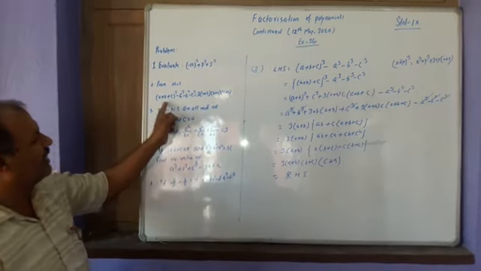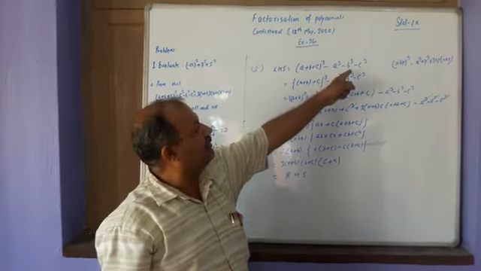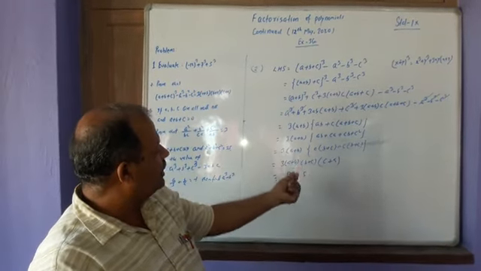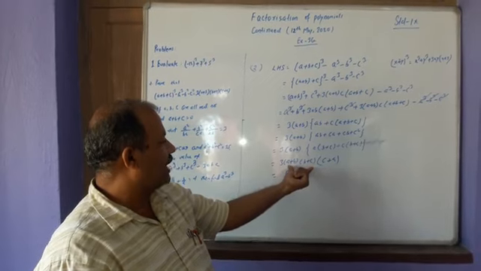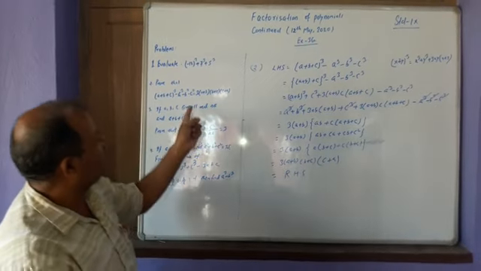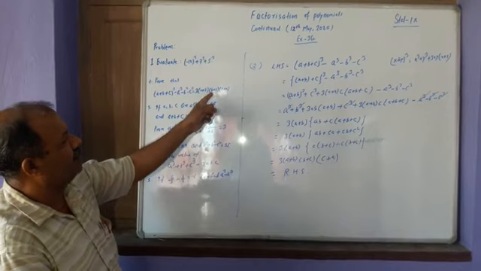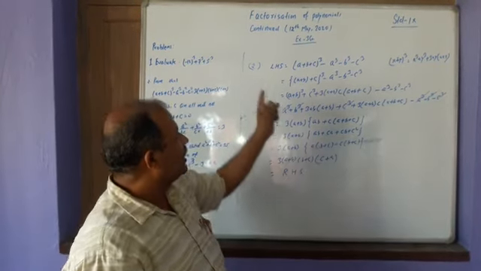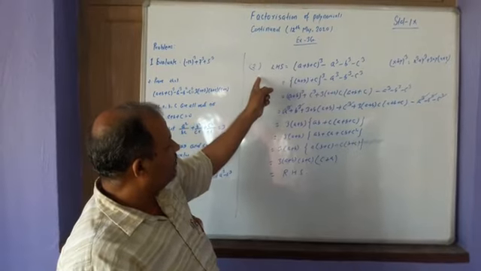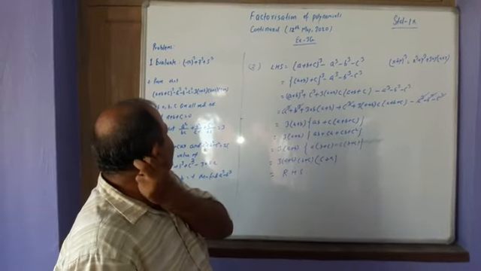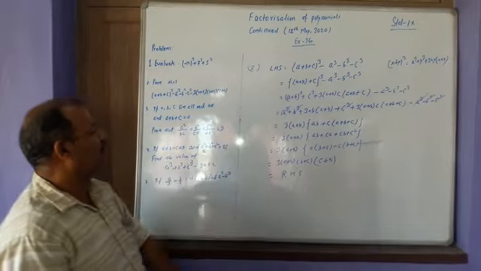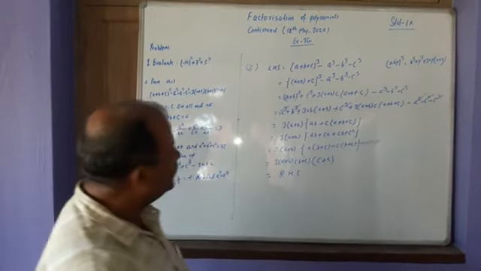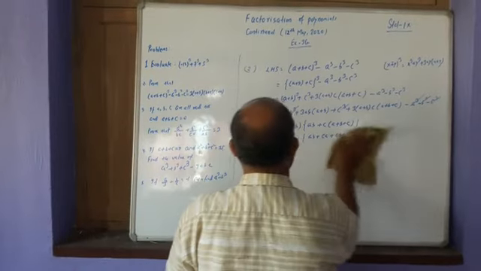In the left hand side, this one is given, and when we continued to solve this, we formed this factorized form, which is in the right hand side: 3 into a plus b, b plus c, c plus a. And therefore we have proved left hand side is equal to right hand side. This is the complete solution for the second problem. Now we come to solve the third problem.